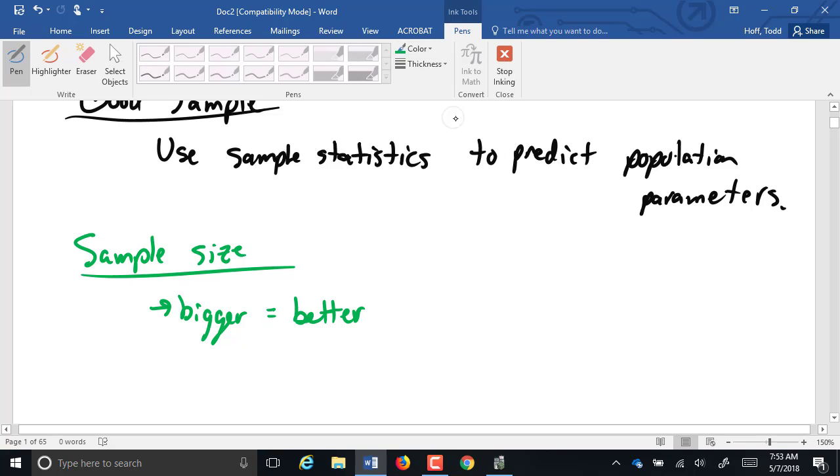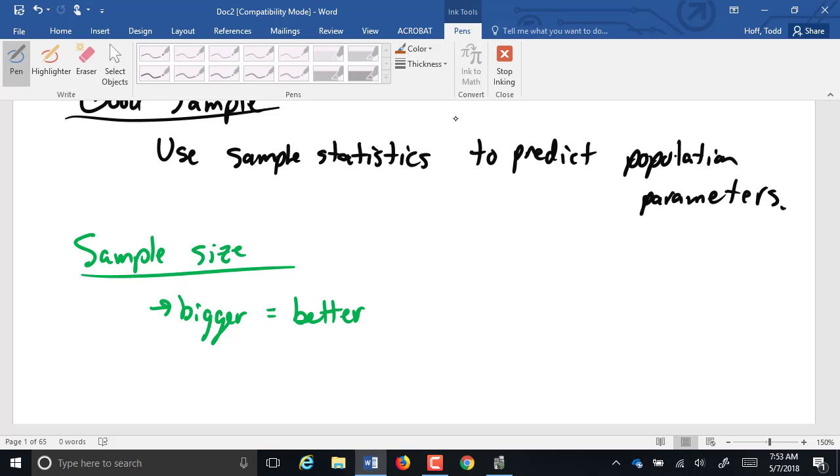Now, sample size is one of those things where different textbooks kind of vary. Statistics is not a cut and dried black and white science. There are different schools of thought on stuff, and sample size is one of those areas where it differs from one school of thought to another. Some say sample size of at least 30 is vital.